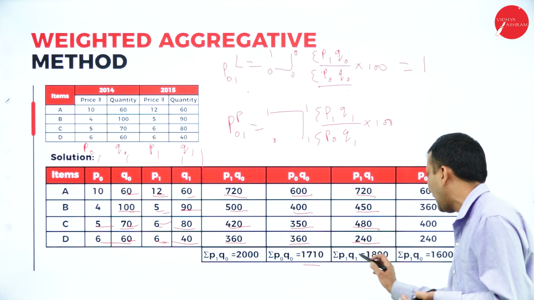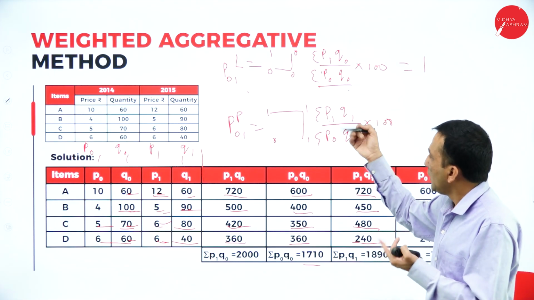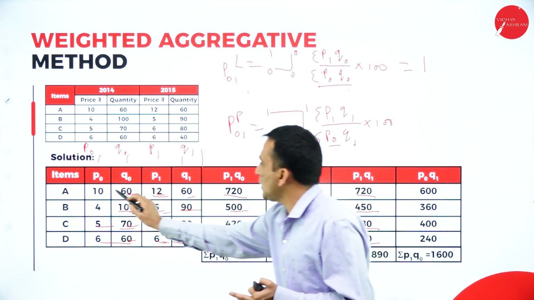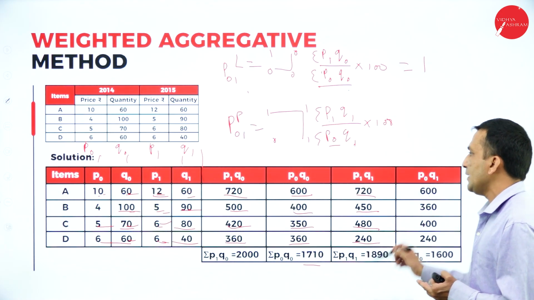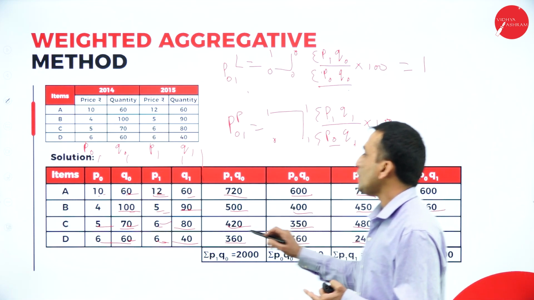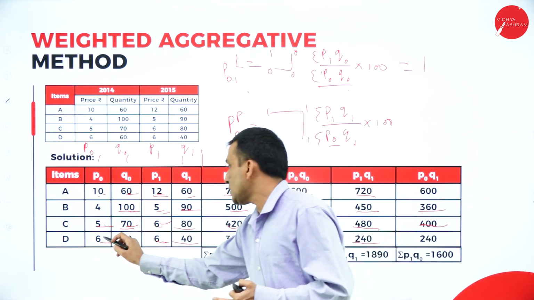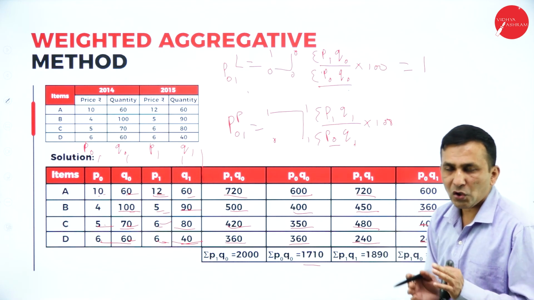Take the total: we got 1890. Numerator completed. Now moving to the denominator, P0 and Q1: 10 into 60, 600; 4 into 90, 360; 5 into 80, 400; 6 into 40, 240. Take the total, the denominator also we got.